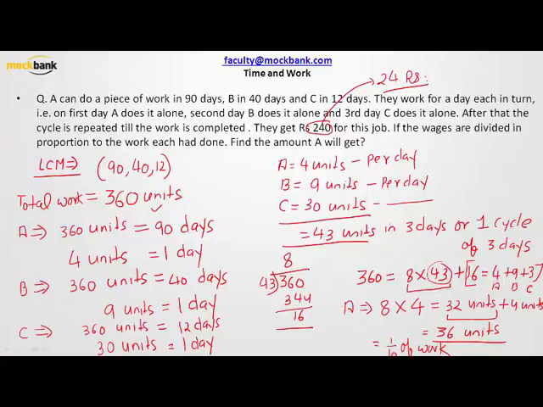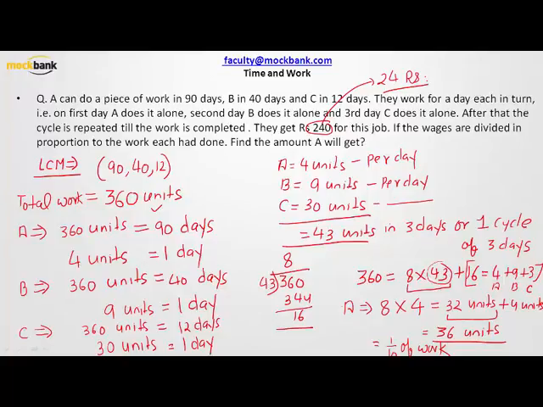Then we realized that there will be 8 such cycles of 3 days each, and the total work that will get completed in these cycles is 344 units, and 16 units of work will be left to be done in the iteration, and hence A comes and does 4 units of work.